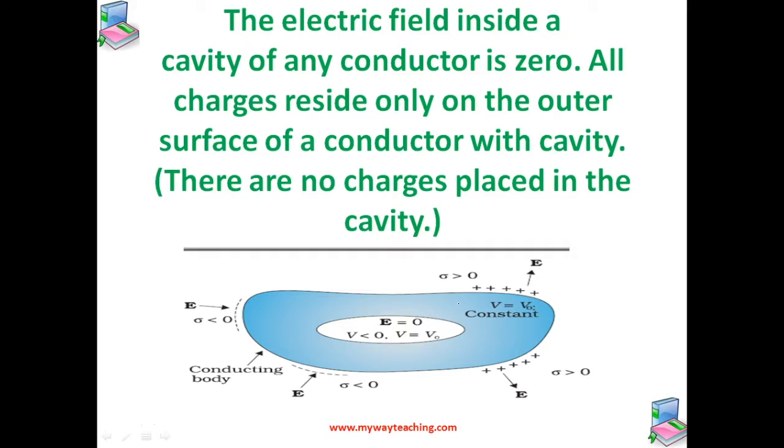Whatever be the charge and field configuration outside, any cavity in a conductor remains shielded from the outside electric influence. The field inside that cavity is always zero. This is known as electrostatic shielding, and the effect can be made use of in protecting sensitive instruments from outside electrical influence.